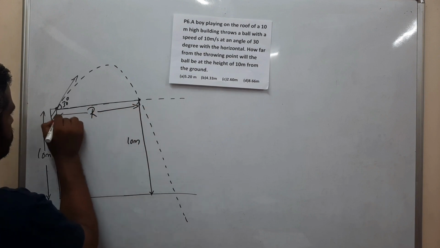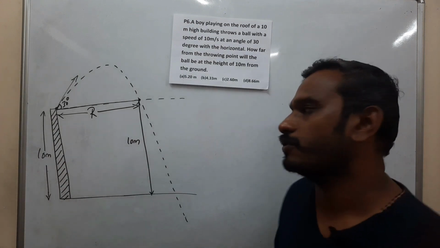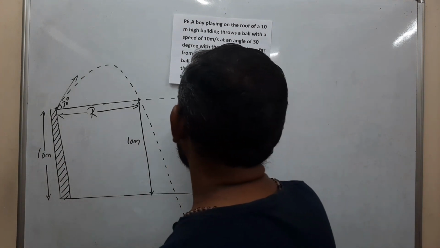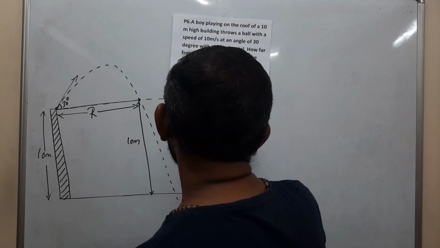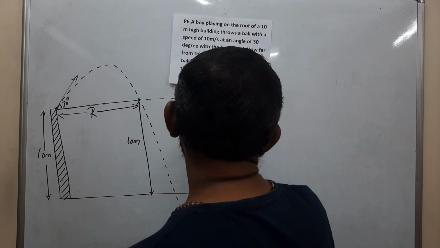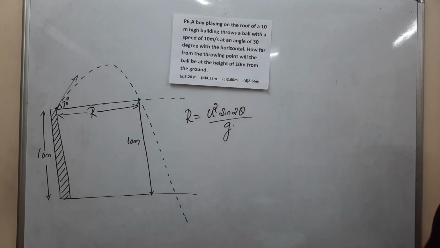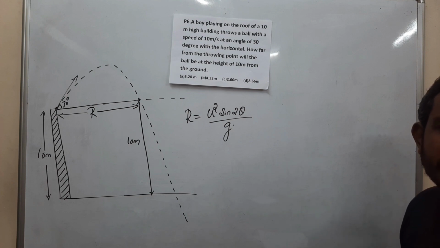The formula we know: R is equal to U square sin 2 theta divided by G.